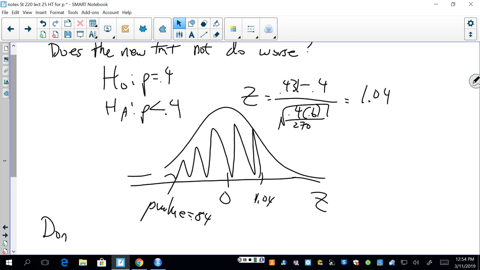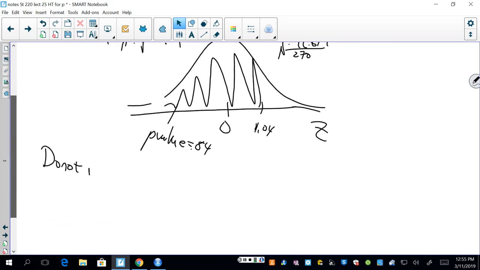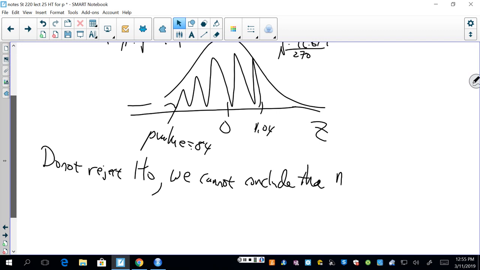So we failed to reject the null, so we have not proven that it's worse, because that's the way we set up the hypothesis. So we do not reject the null hypothesis. We cannot conclude the new treatment is worse.